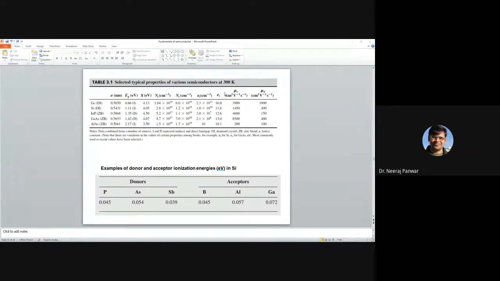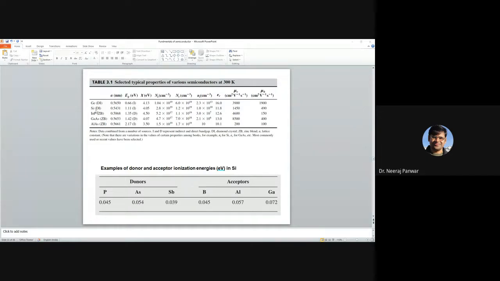So in this table, various data for several semiconductors are given. For example, we have germanium, silicon, indium phosphide, gallium arsenide, and aluminum arsenide. Inside the bracket, something is written, Di. Di represents the diamond structure. I told you germanium and silicon crystallize in the diamond structure, and we know what the diamond structure is.